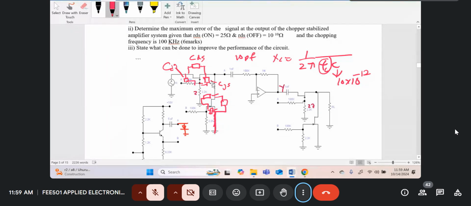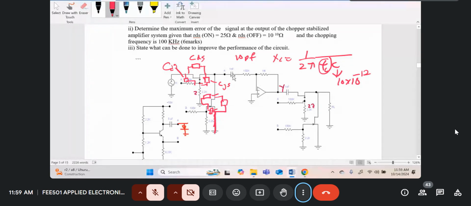Means there's no signal coming from the modulator. Then the output at point Y will just be the signal due to VIO of the op-amp. It will be the signal due to VIO of the op-amp. All right? And it will actually be amplified by the gain of approximately, in this case, 10.